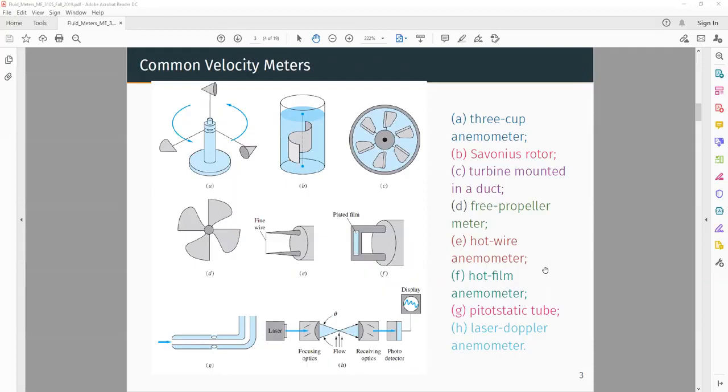The laser Doppler anemometer operates on the scattering of light from the particles in the flow, taking the Doppler effect due to the flow, and thus measuring the velocity of the flow.